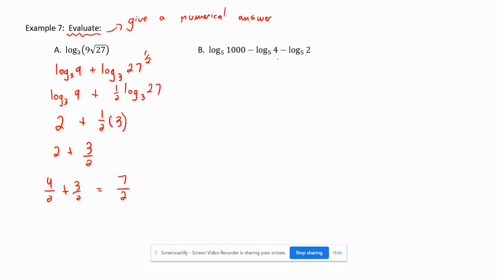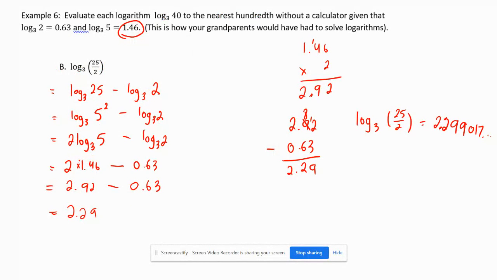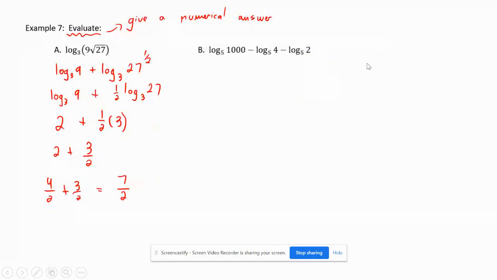All right, so over here, we have log base 5 of 1,000 minus log base 5 of 4 minus log base 5 of 2, okay? So what we're going to do over here is the same thing as 1,000 divided by 4 divided by 2.